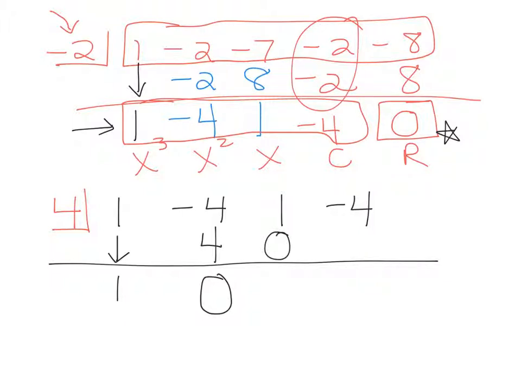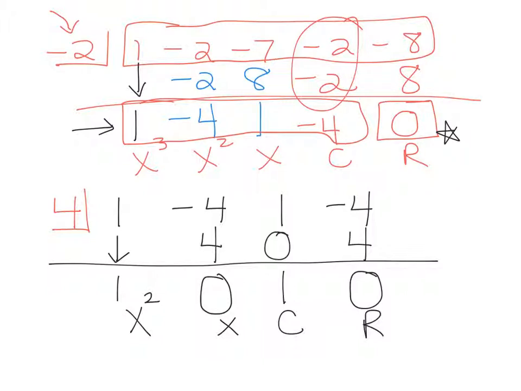When I add this column, I get positive 1, and 1 times positive 4 gives me 4, and I get a remainder of 0 again. So I have a remainder of 0. My constant is 1. I do not have an x term because my coefficient is 0. And then I have an x squared attached to the 1.